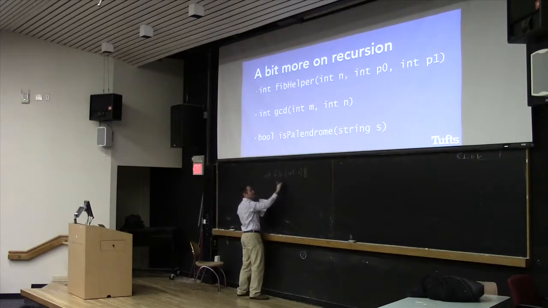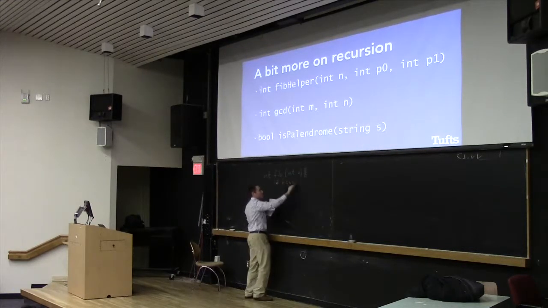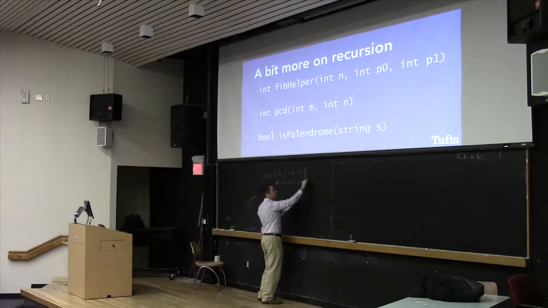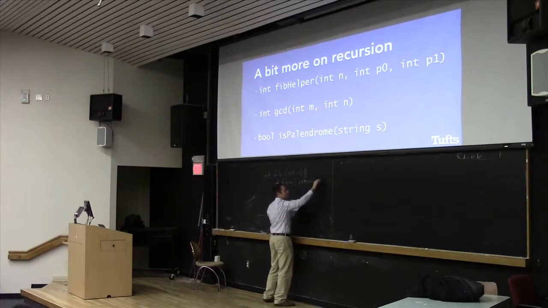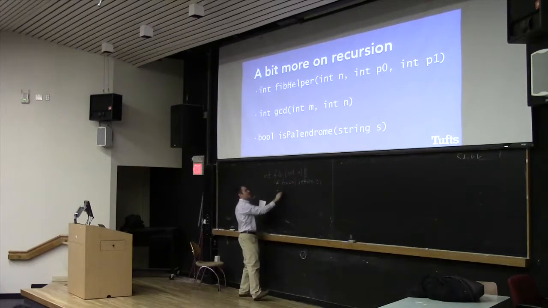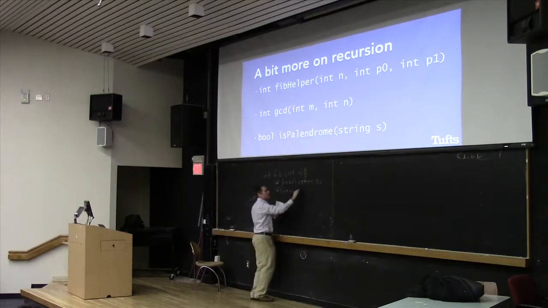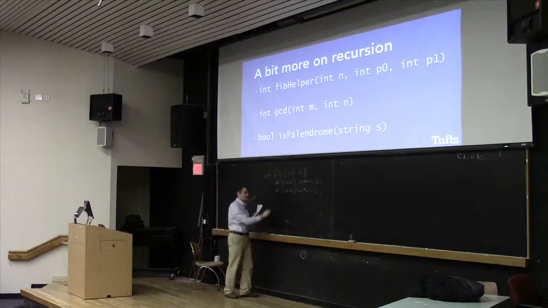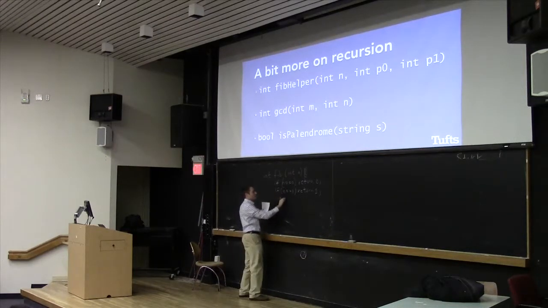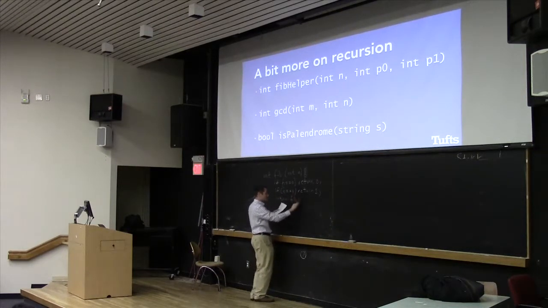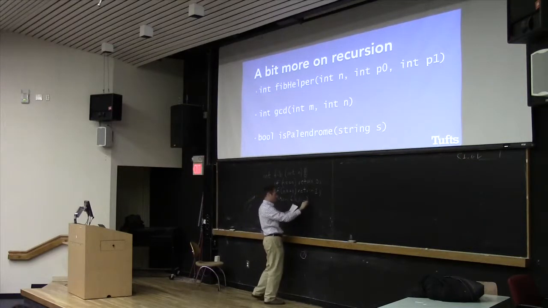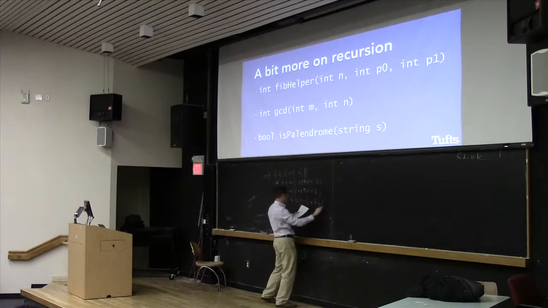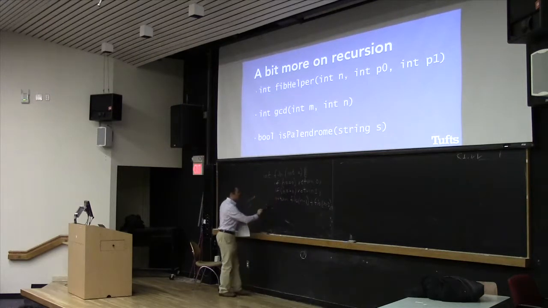If n equals 0, return 0. If n equals 1, return 1. Otherwise, we're going to return Fibonacci of n minus 1 plus Fibonacci of n minus 2. And that was our function.